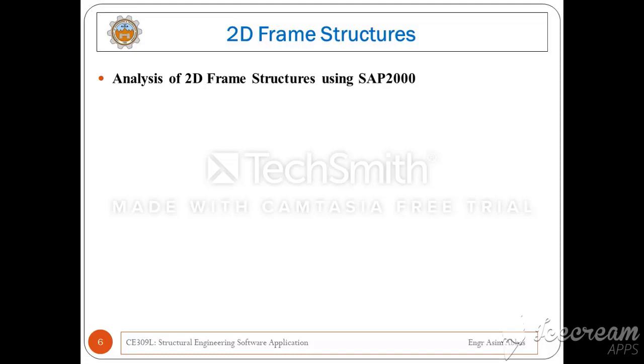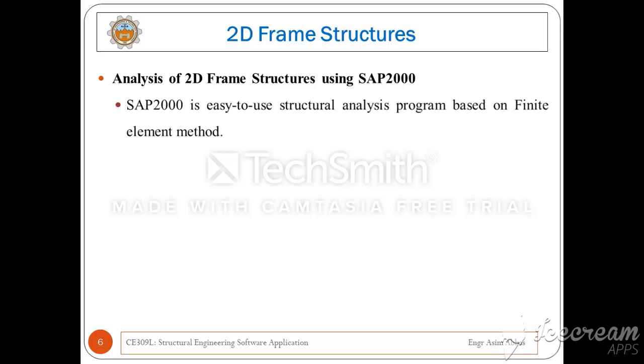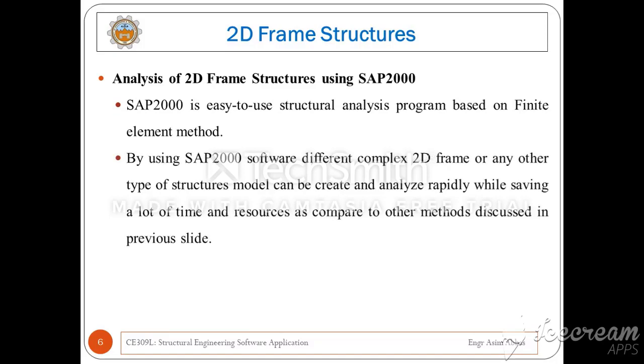Nowadays, instead of manual methods, a lot of finite element based tools and software are available for analysis purposes. Fine. And SAP 2000 is one of the structural analysis programs and it can be used to create and analyze any structure rapidly while saving a lot of time and resources.